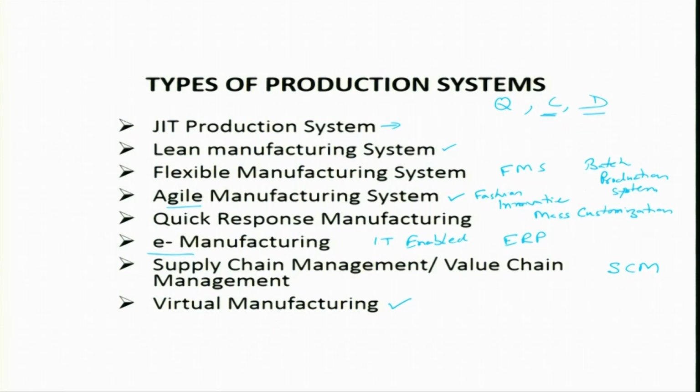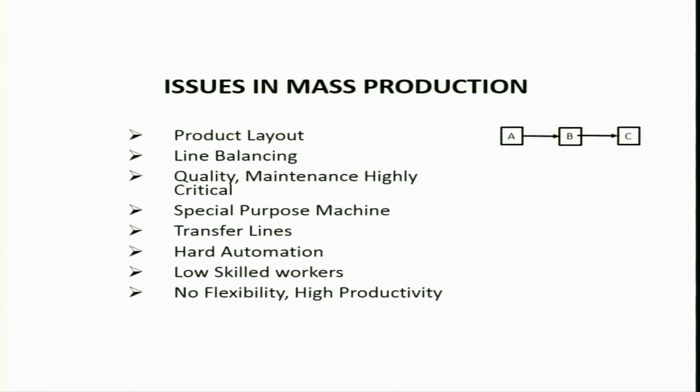Now, coming to the salient features of various types of production systems, starting with the mass production system. First, we have to see what type of layout I should have. Since it is a mass production system, there is very little variety, typically you are producing one type of product.